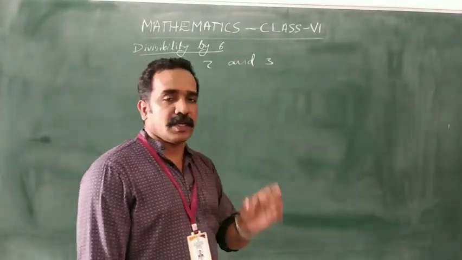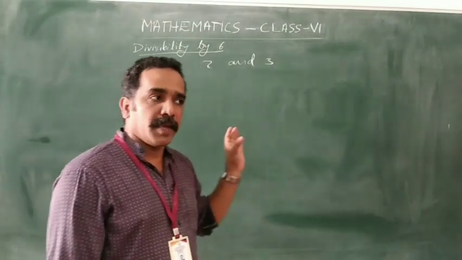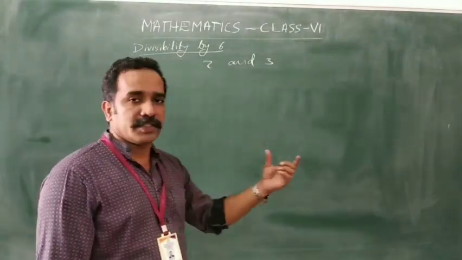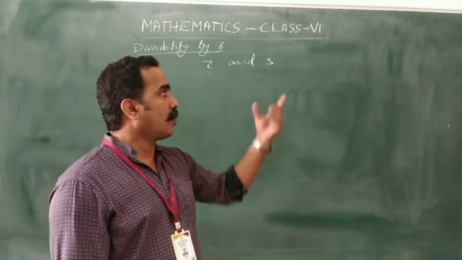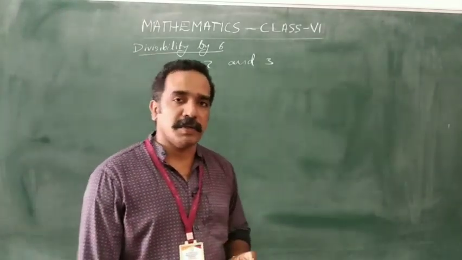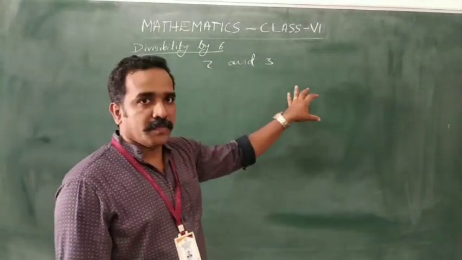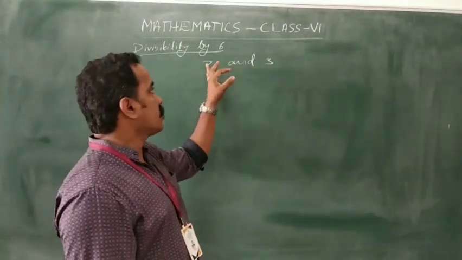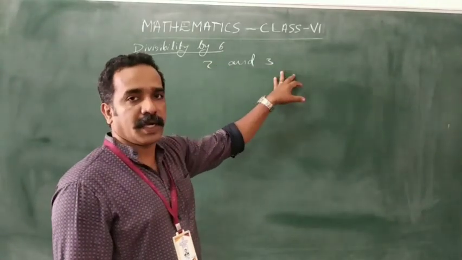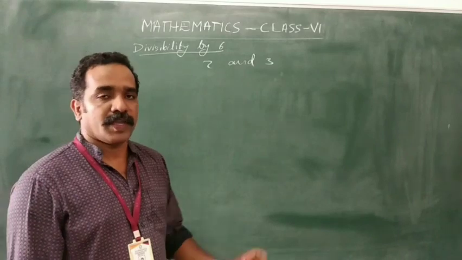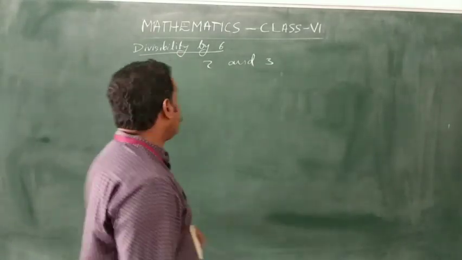How can we check that? By adding all the digits in that number, and if that sum is a multiple of 3, then it is divisible by 3. Then both the tests for 2 and 3 are passed. That means it is divisible by 6 also. We can check an example.